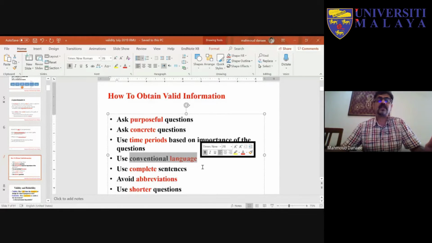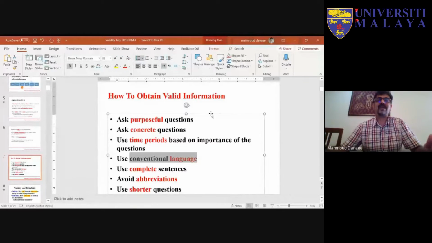For example, in Malaysia, the dominant language is Malay. So, of course, if you want to collect data from the population, you need to make sure that the respondents are able to understand the questions. This is a very critical factor.